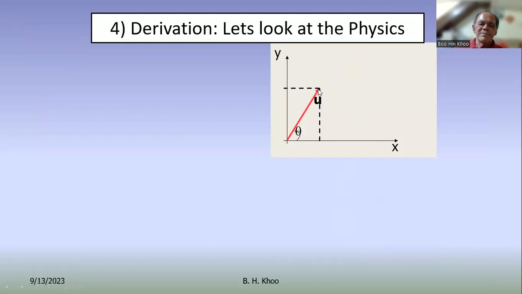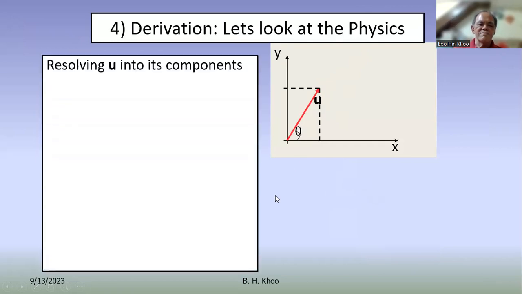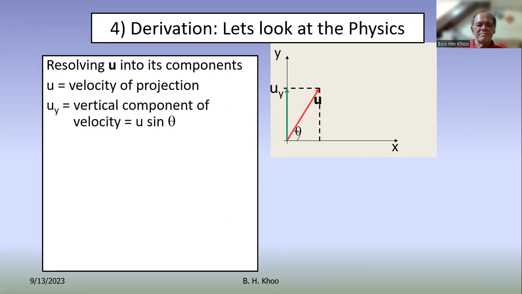That is the velocity of projection, and that's the angle of projection. Let's look at the physics. First, resolve the velocity of projection into its components in the x and y directions. That's your Uy, the initial velocity in the y direction, or vertical component of velocity.